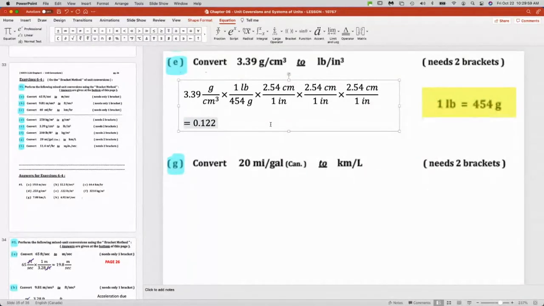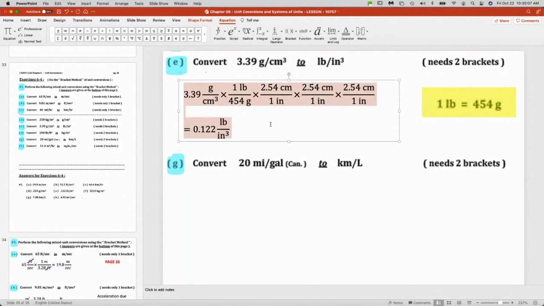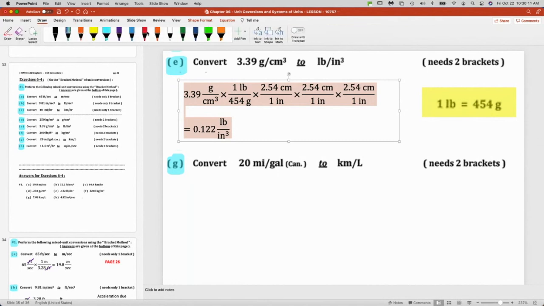Thank you, Huria. Beautiful. And the units are pounds per cubic inch. So when we examine the cancellation, I'll use a highlighter because the font is smaller this time. So here, see the grams? The grams cancel here.